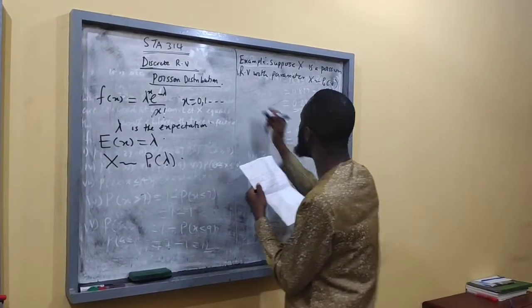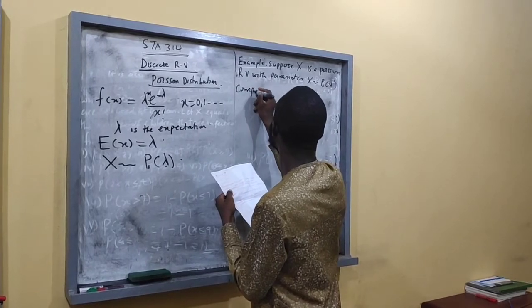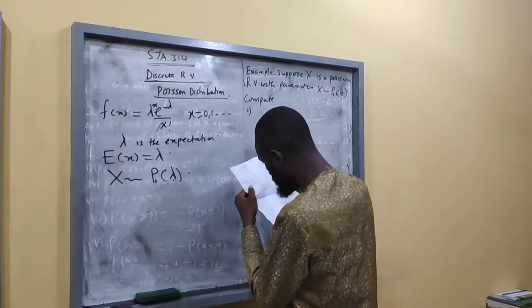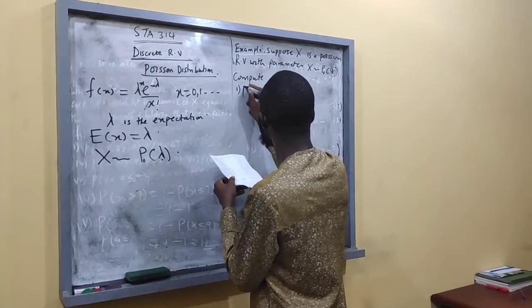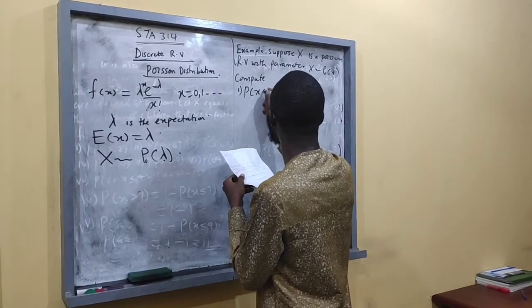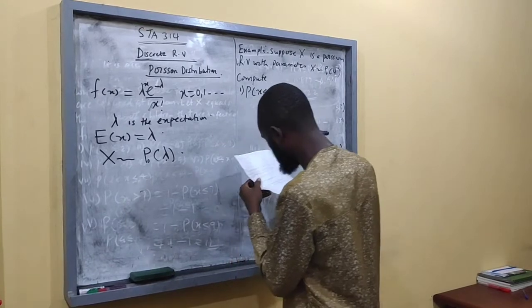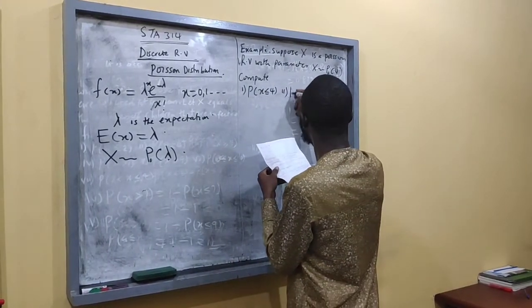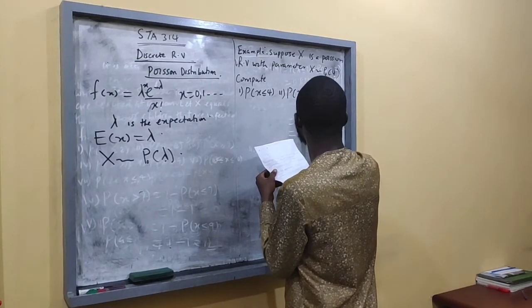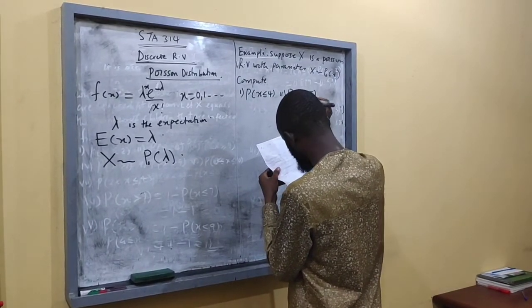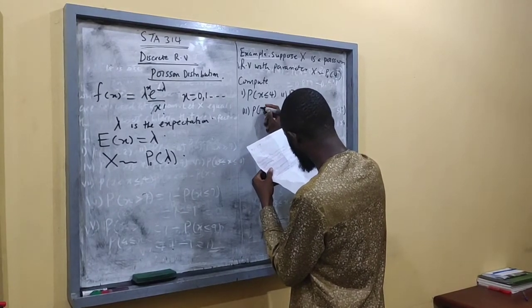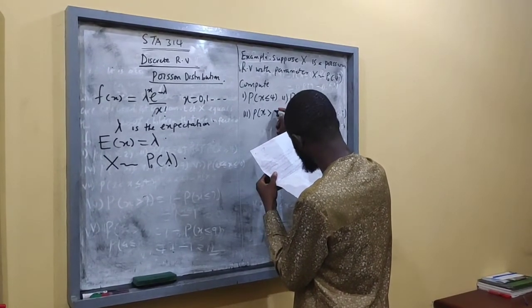The question now says compute. Number figure 1. We have P of x less than or equal to 4. Number figure 2. P of x less than 5. Number figure 3. P of x greater than 6.